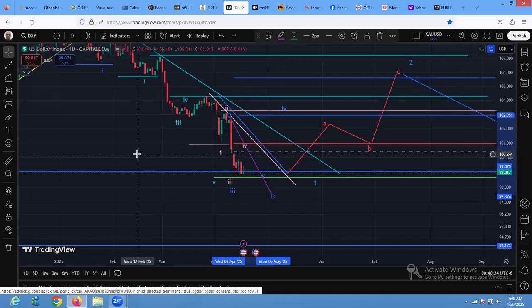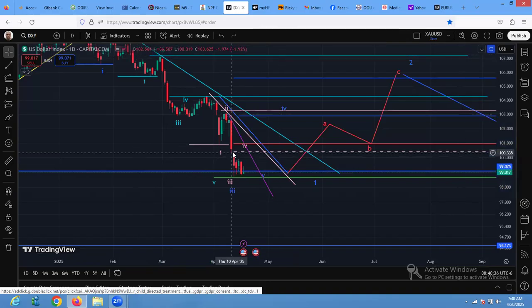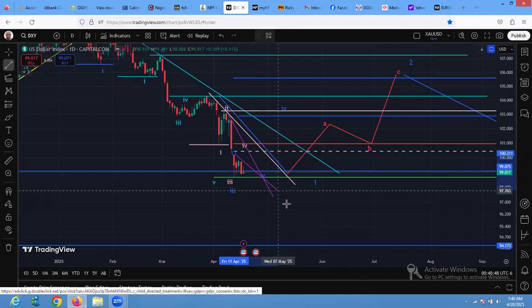So in the immediate time, this is seen as the ending structure of this particular wave to the downside. So to deal with this ending structure, what do we do? You start from here, we connect this.